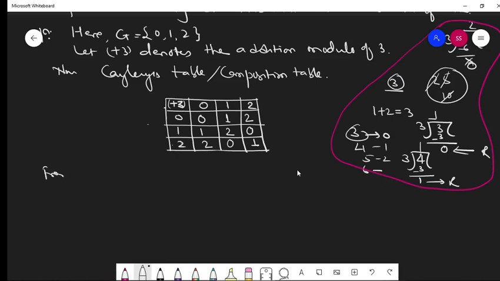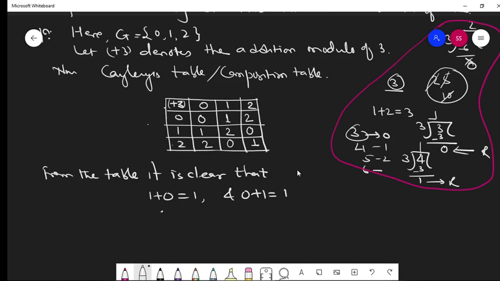So from the table we can observe it. It is clear that 1 plus 0 equals 1, and 0 plus 1 also equals 1. Therefore 0 is the identity element. First case is that.